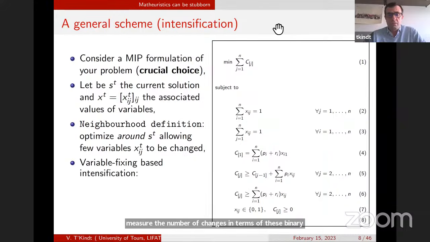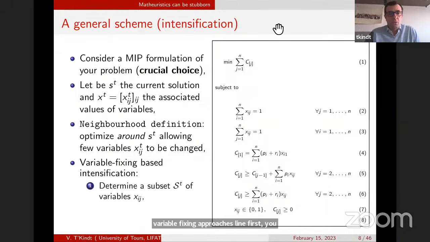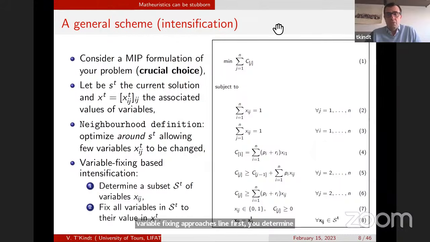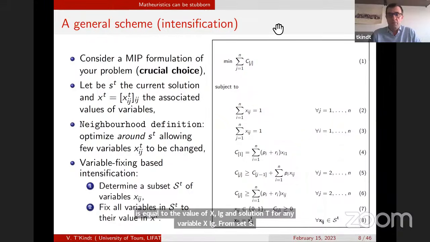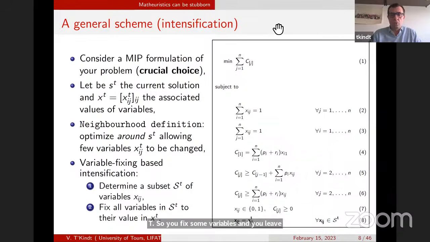The first way to do that is to use what are called variable fixing approaches. First you determine a subset ST of variables, and you add constraints to your model so that these variables will not change values with respect to your current solution ST. So you say to the solver, compute a solution in which the value of xig is equal to the value of xig in solution T for any variable xig from set ST. So you fix some variables and you let the solver solve the subproblem that you have.